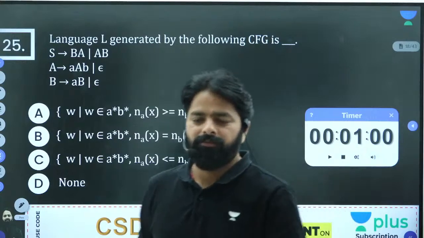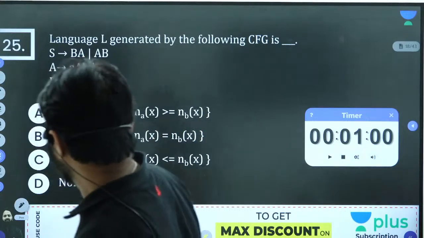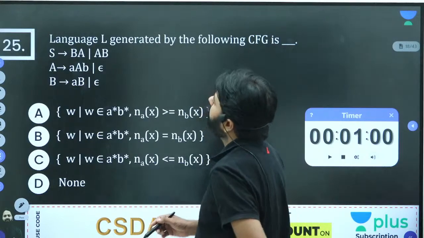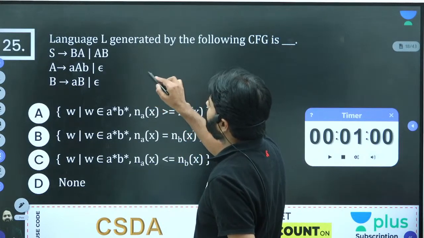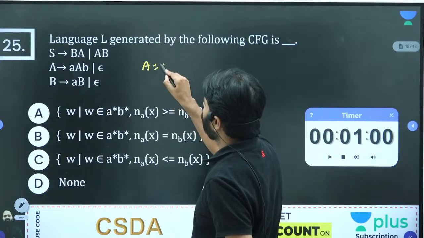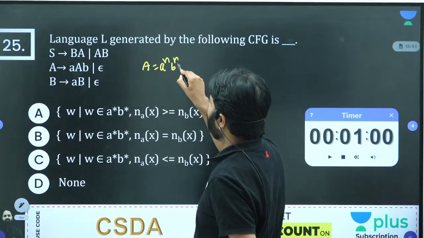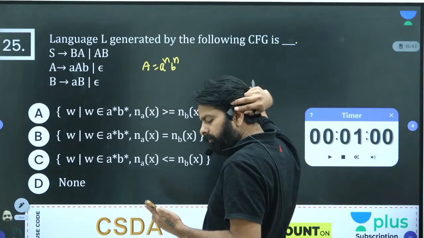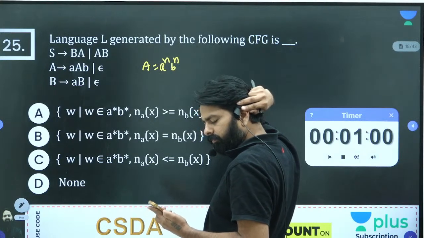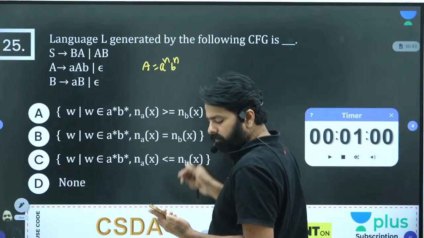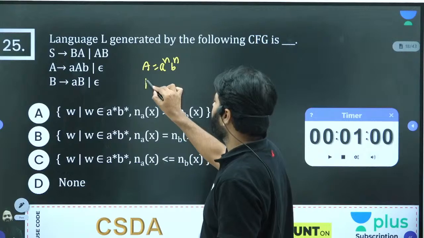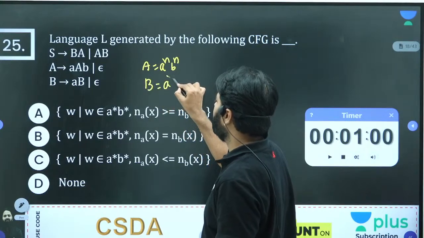What is the answer? A. Now we have two things, right? First we'll answer what is A and what is B. A is A power n, B power n. B is equal to A star.